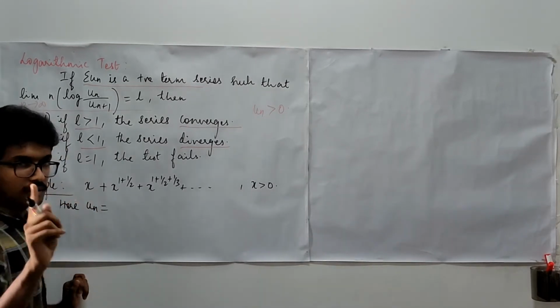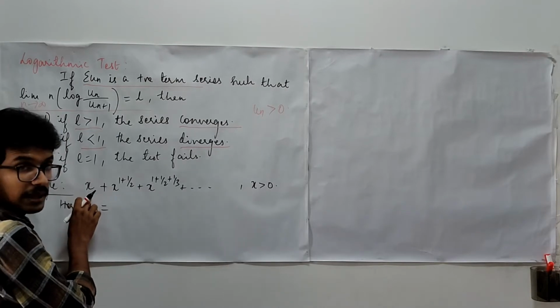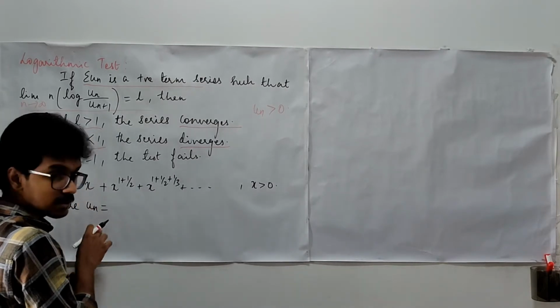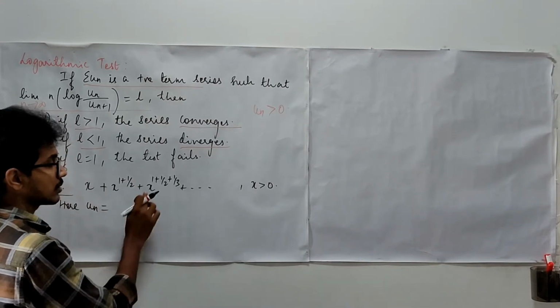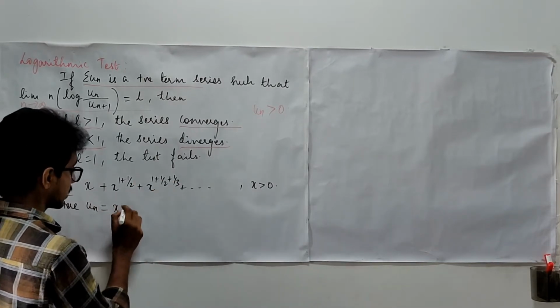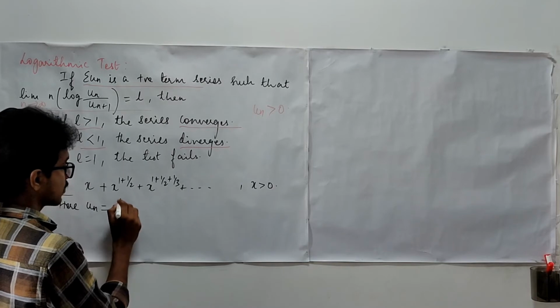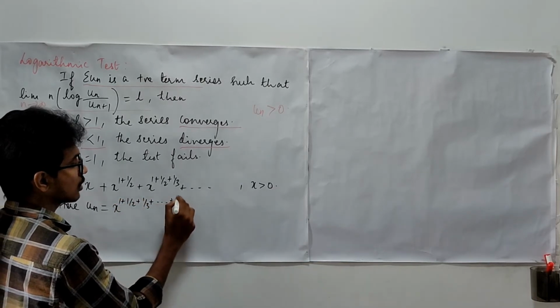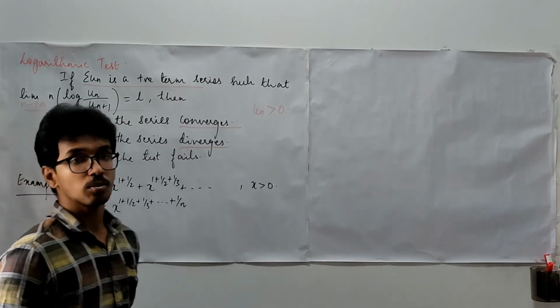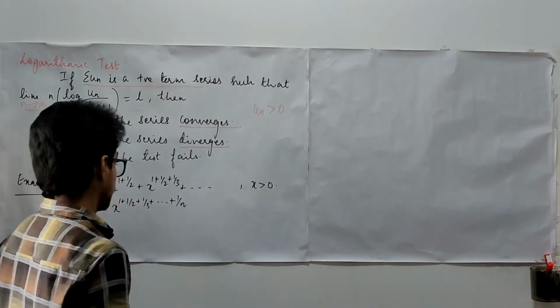When your n is 1, you have simply x. When your n is 2, you have x power 1 plus 1 upon 2. When n is 3, you have this thing. Therefore, your un is going to be x power 1 plus 1 upon 2 plus 1 upon 3, and it goes till 1 upon n.